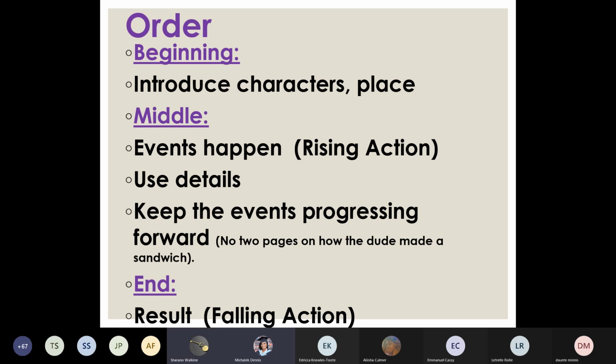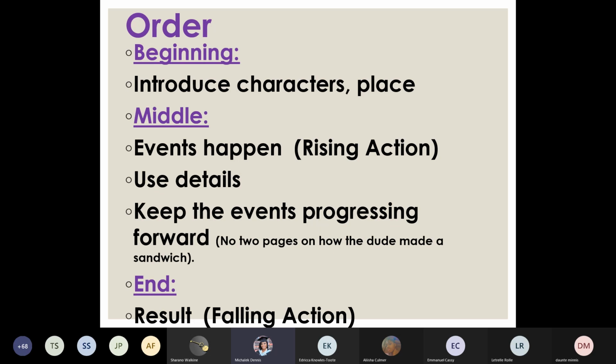Anyone? What do we find at the beginning? Thank you. Very good. At the beginning, we find our exposition, where we are introduced to the characters as well as the setting. Very, very good. So we will find that at the beginning.